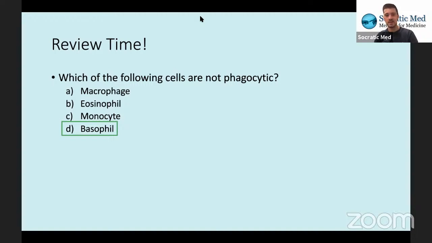Eosinophils are granulocytes, but they actually do have phagocytic properties. Macrophages are also phagocytic. That's their main function, and monocytes as well can differentiate into macrophages. But before they do that, they are also able to take in and digest other cells, other pathogens.